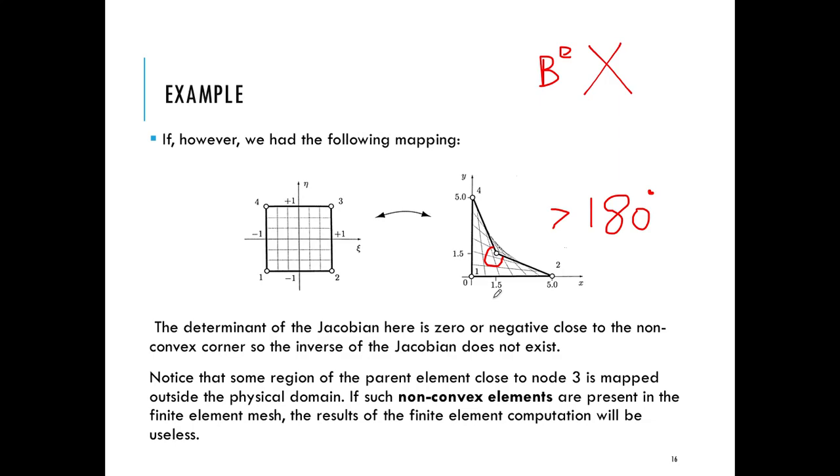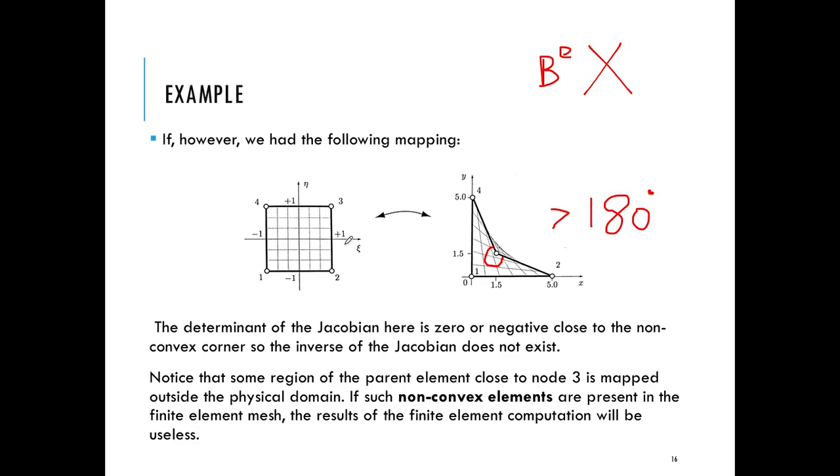So we cannot use such elements in our physical discretization which have corners which make an angle greater than 180 degrees, because these lead to a non-invertible Jacobian. And basically if you use these, you will get complete garbage in your finite element results.